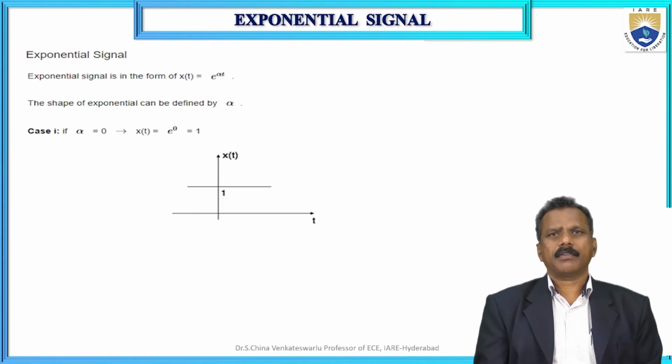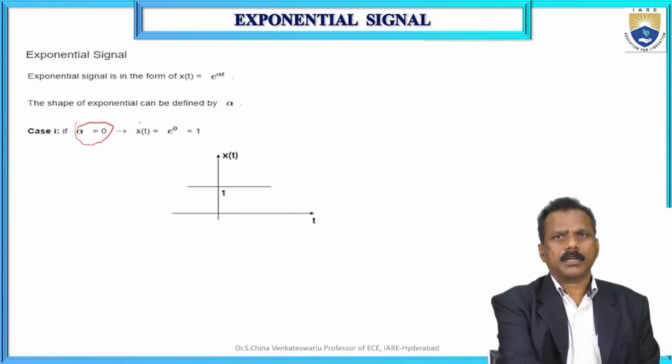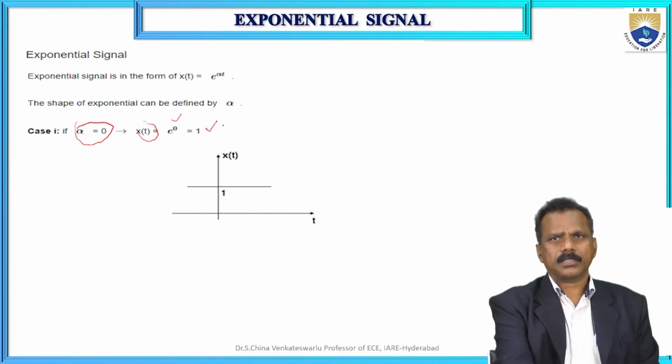Case 1: if alpha is equal to 0, then x of t is equal to e power 0, which equals 1. So this is case 1.